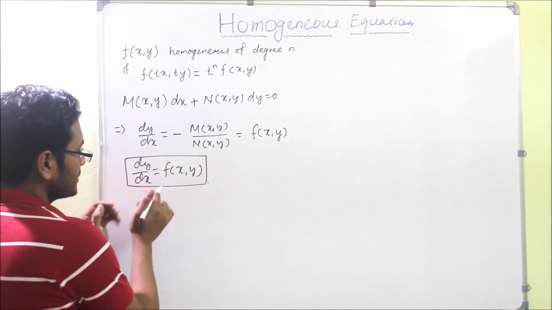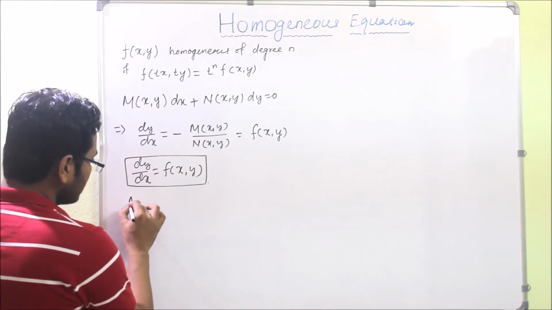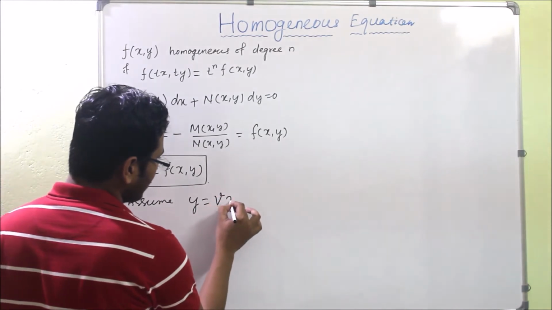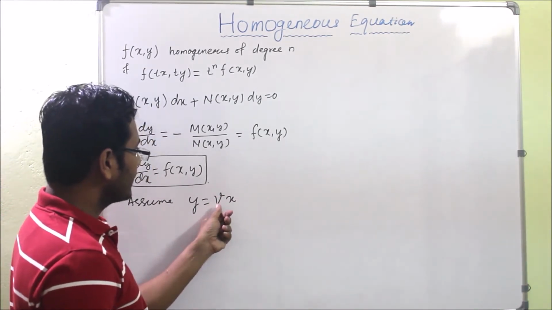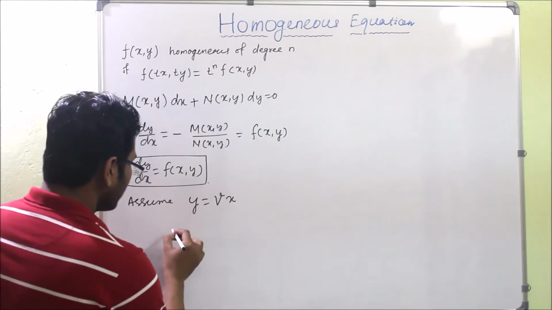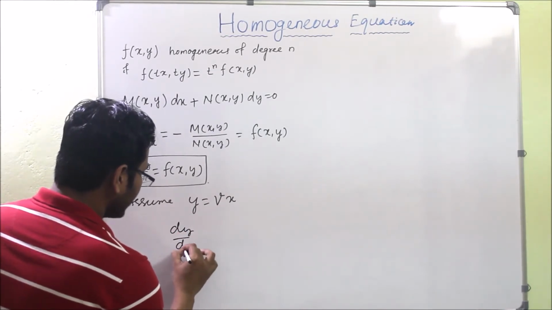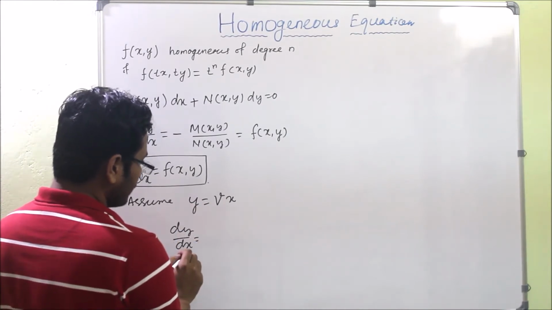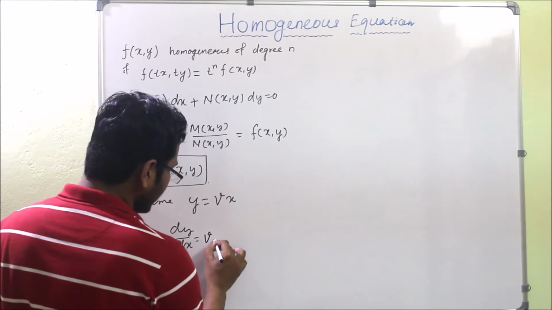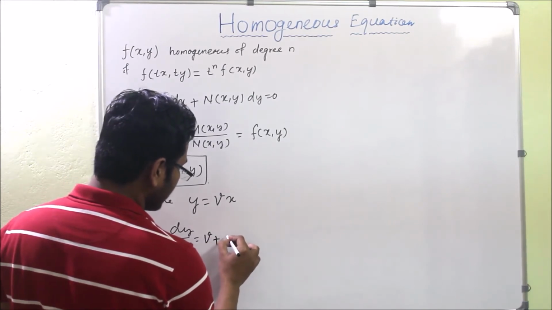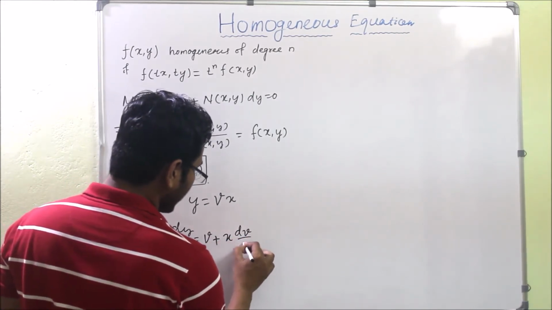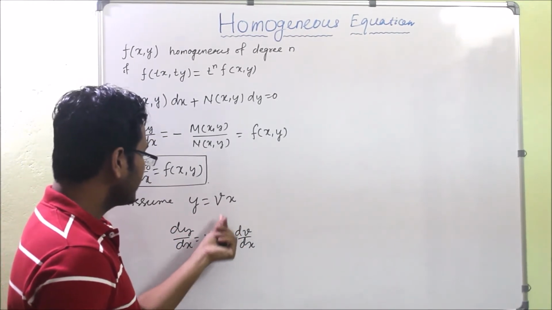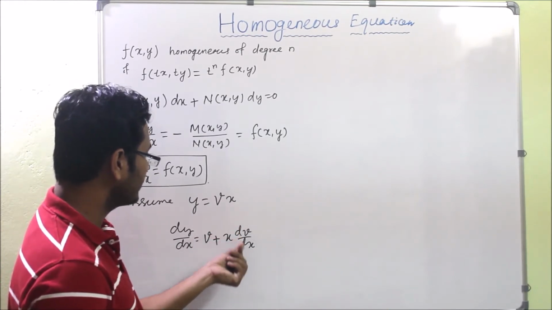When this is the situation, we have to assume y equal to v times x, where v is another variable depending on x. Then if we differentiate with respect to x, dy by dx will be v plus x into dv by dx.